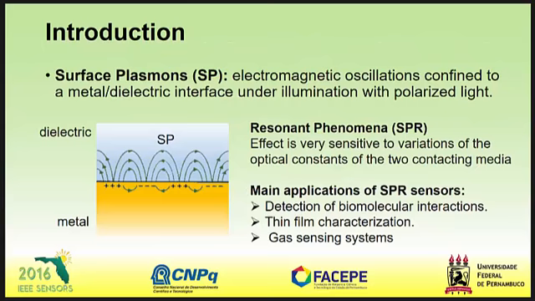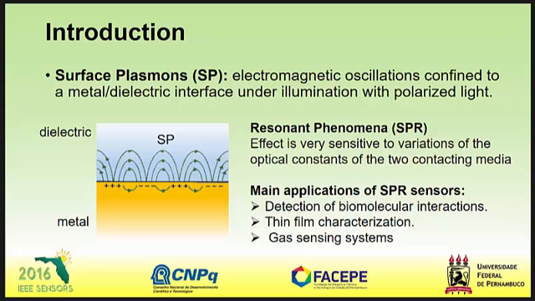Here's the introduction. What are surface plasmons? Surface plasmons are electromagnetic oscillations confined to the interface between a metal and a dielectric, and here are the field lines of the surface plasmons. It's a resonant phenomenon.